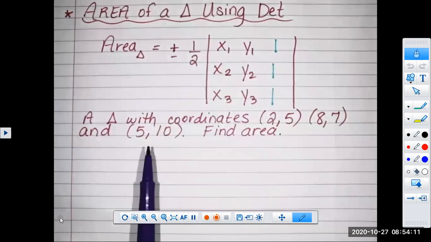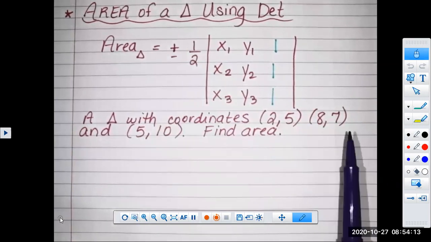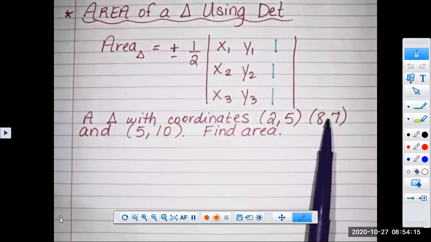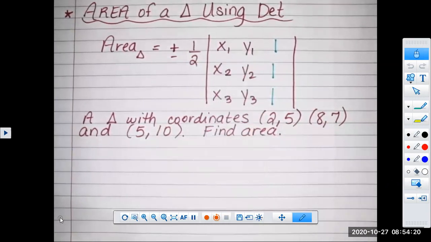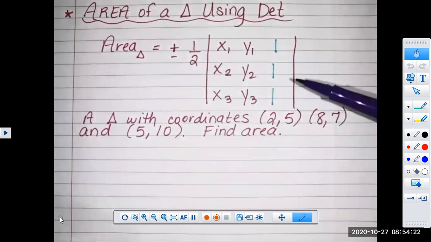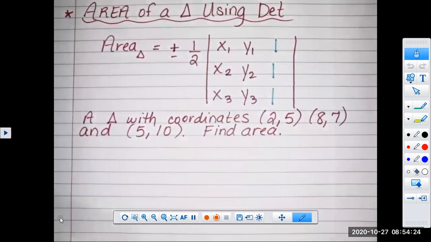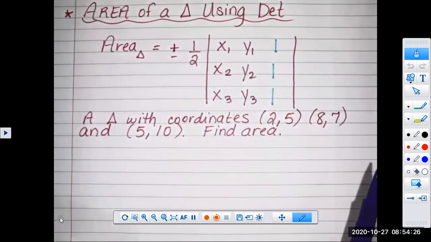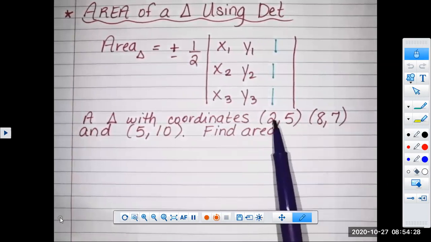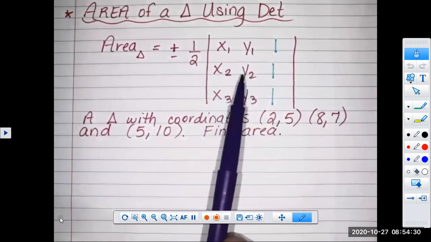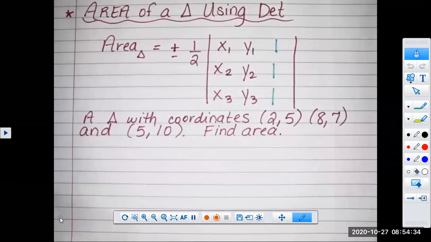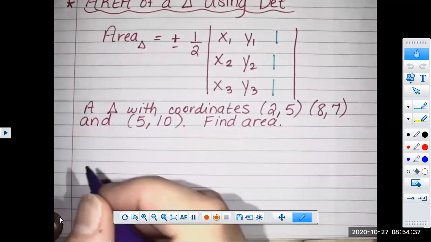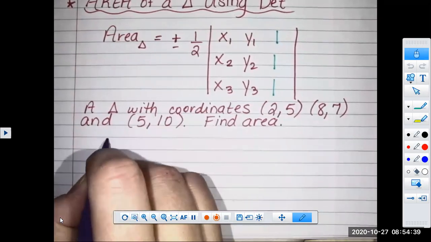All you're going to do, you take your vertices, just make sure that you list all your X coordinates, 2, 8, 5, in this first column, Y coordinates in the second. Ones are always filled in down the right column, always. That's in your formula. Make sure, of course, if 2, 5 is going to be your second coordinate, that you list 2 with 5. That's the only mistake I see people make on this. Okay, so all you're going to do is just fill in.